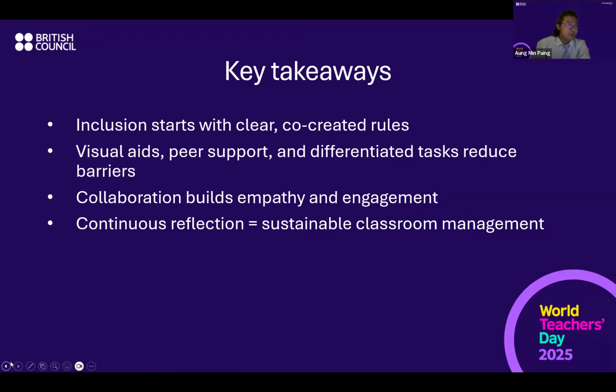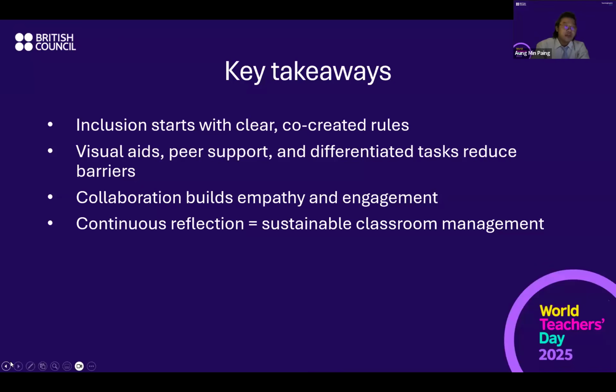All right. So here are the key takeaways. Inclusion starts with clear rules, and please create the rules not alone, but with the students, especially the learners in your class. Please use more and more visual aids. They need peer support. Don't explain alone. Invite some students who are in your class.